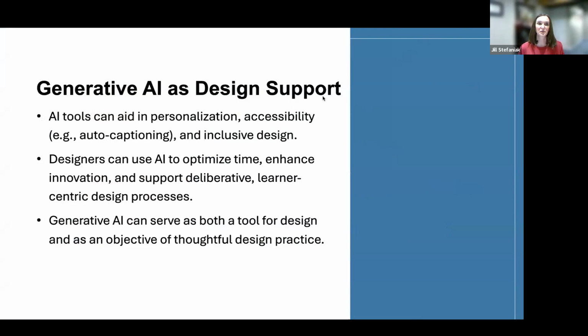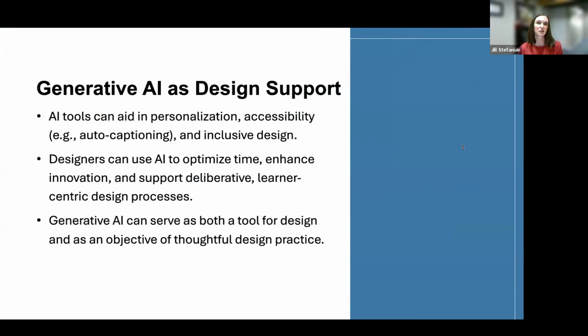One of the things we want to go over briefly is generative AI as design support, thinking about how it can be a supportive mechanism in our work as instructional designers.